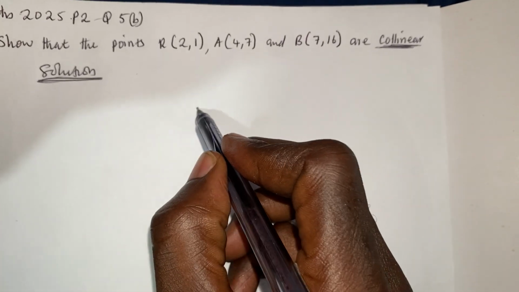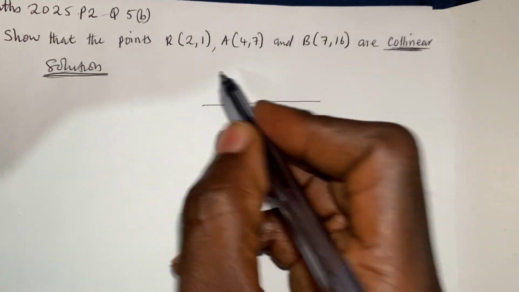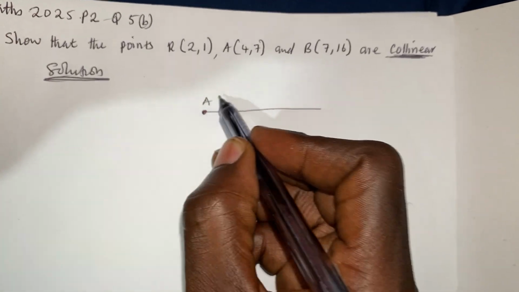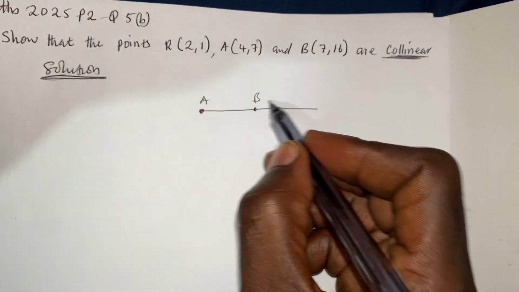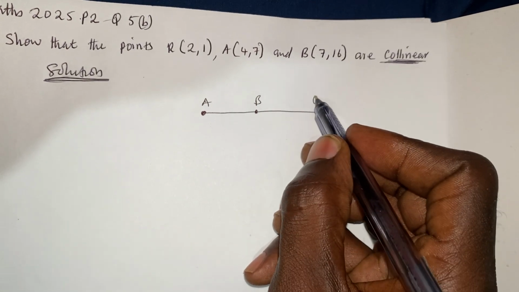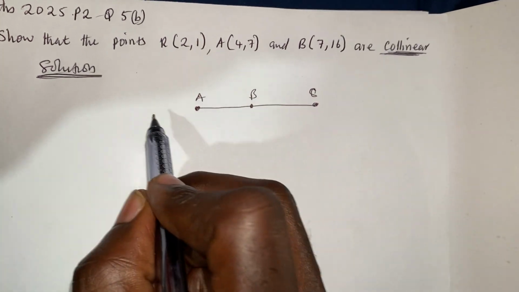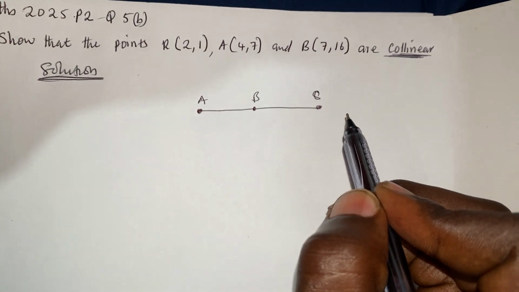Let's say we have a straight line like this. Then we have the first point. Let's say this is point A, this is point B, and this is point C. So meaning these points are collinear because they are lying on the same line.